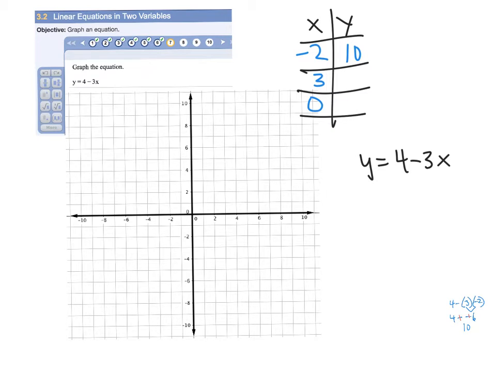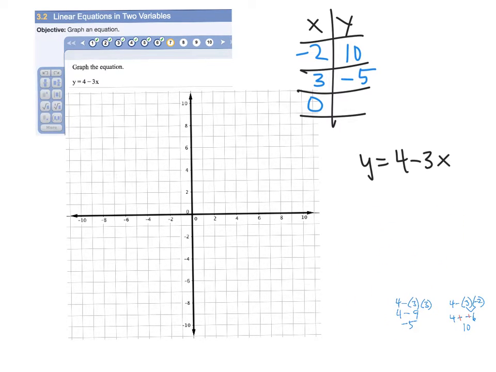We don't need it anymore. And so now let's do x is 3. So you get 4 minus 3 times 3. So that becomes 4 minus 9. And 4 minus 9 is -5. So when x is 3, y is -5, and we could shrink that down.